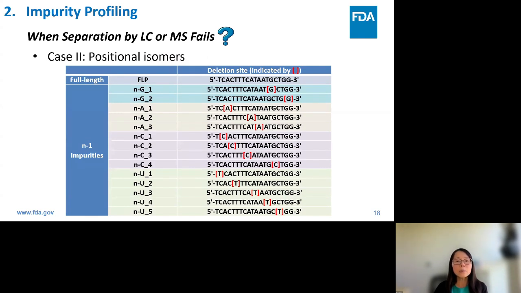We can see there are 2 possible positional isomers for N-G impurity and 5 for N-U impurity. So a question that is fair to ask is whether the deletion site of a nucleotide from the full-length sequence matters. If the answer were no, then there would be no need to differentiate those positional isomers or quantify them individually.